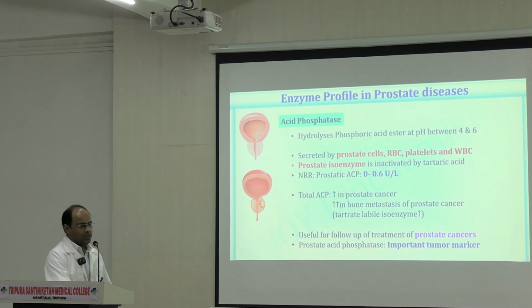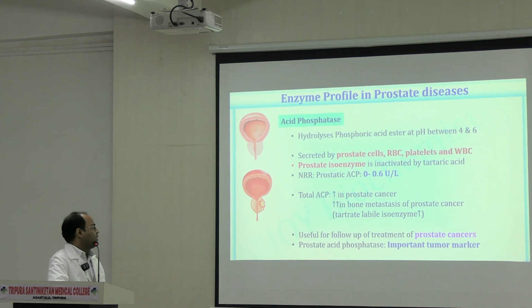Enzyme profile in prostate disease. We are using acid phosphatase and PSA, prostate specific antigen. Acid phosphatase hydrolyzes phosphoric acid ester at pH between 4 to 6. This is an enzyme secreted by prostate cells, RBC, platelet and WBC. Prostate isoenzyme is inactivated by tartaric acid.